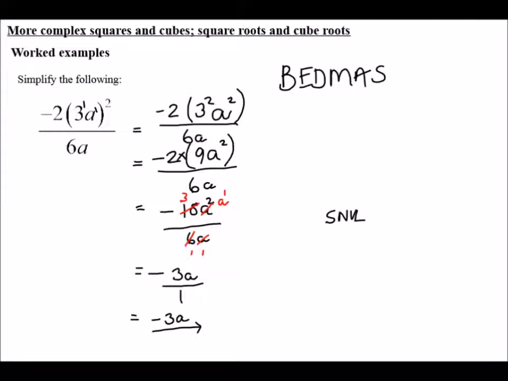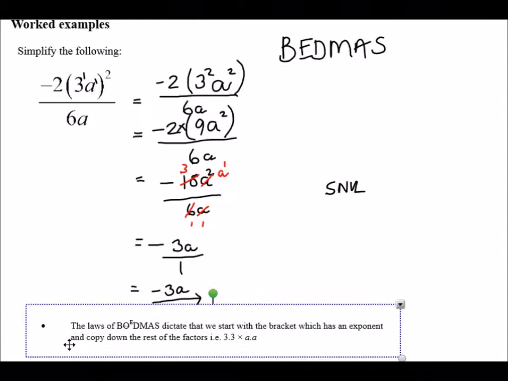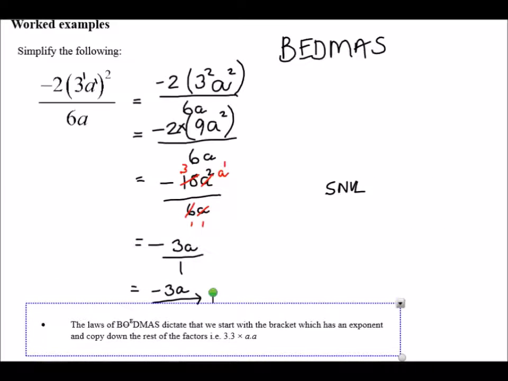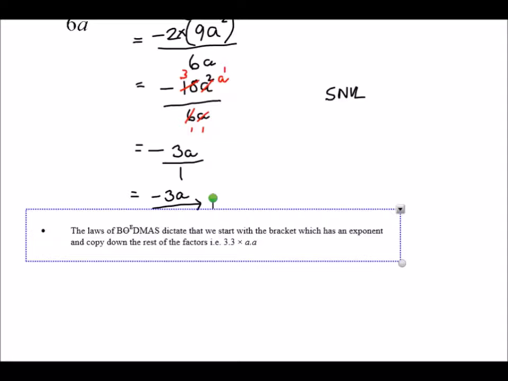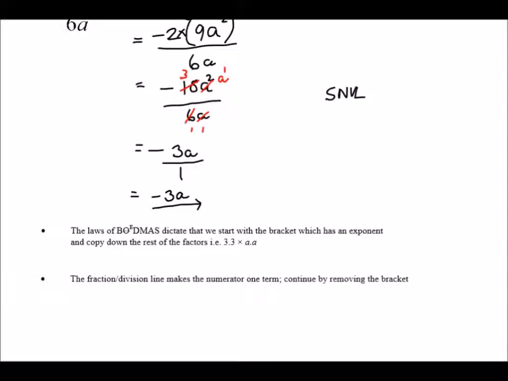Right, so things you have to remember: the laws of BODMAS. The next thing we had to remember, that the fraction line makes the numerator one term, and we continue by dividing brackets, and finally divide as shown in the previous section.